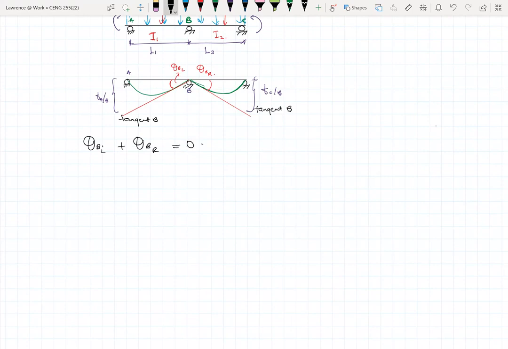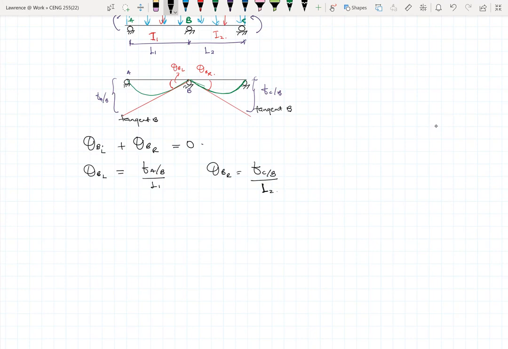The second and third equations are that theta B left will be equal to TAB over L1, and theta B right will be equal to TCB over L2.